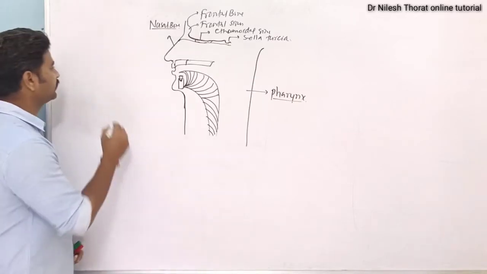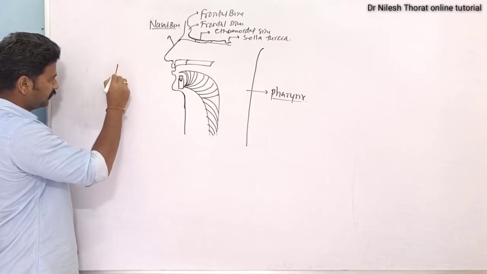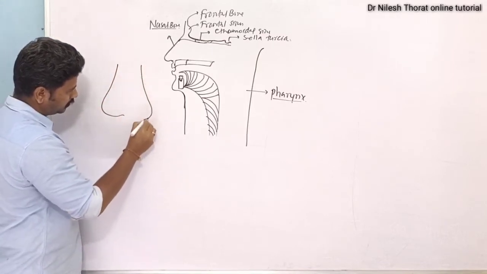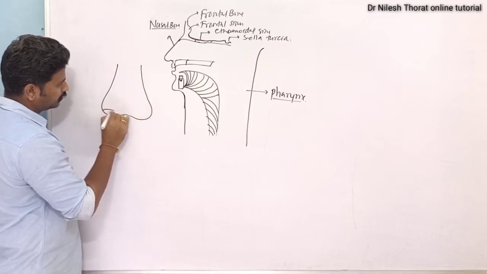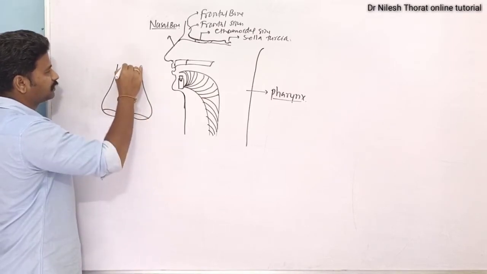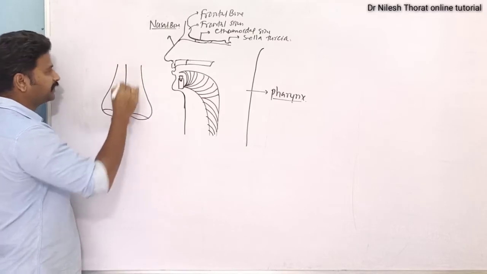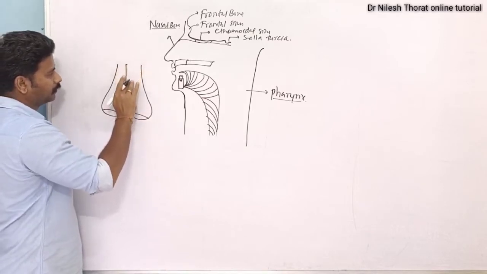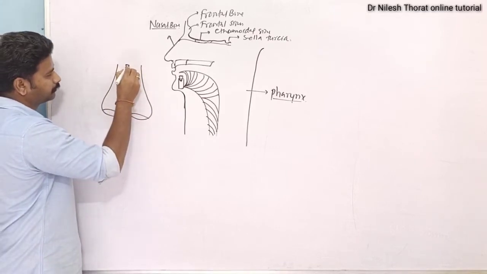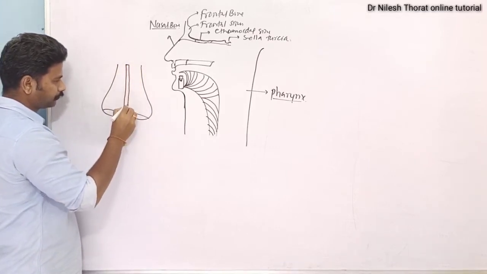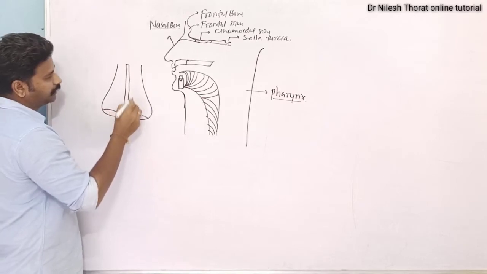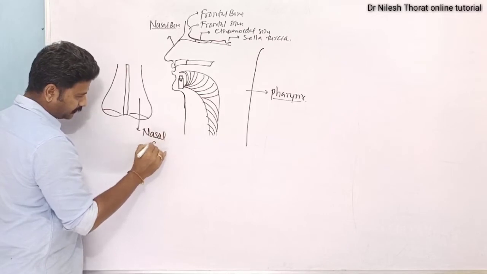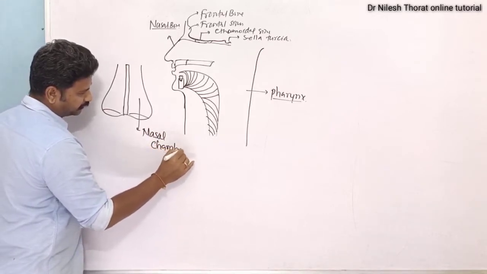So if we draw a diagram from the anterior side, we can visualize that these are the two nostrils, and these nostrils will open separately into each nasal chamber.